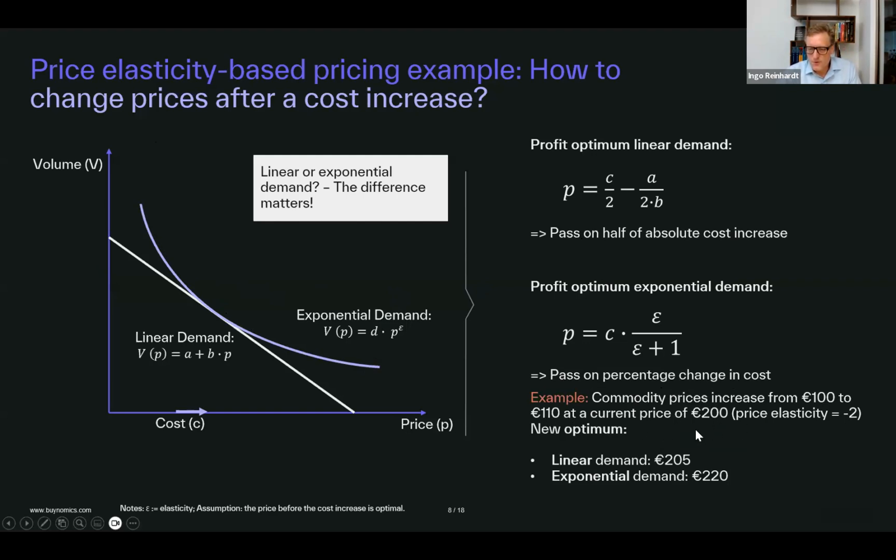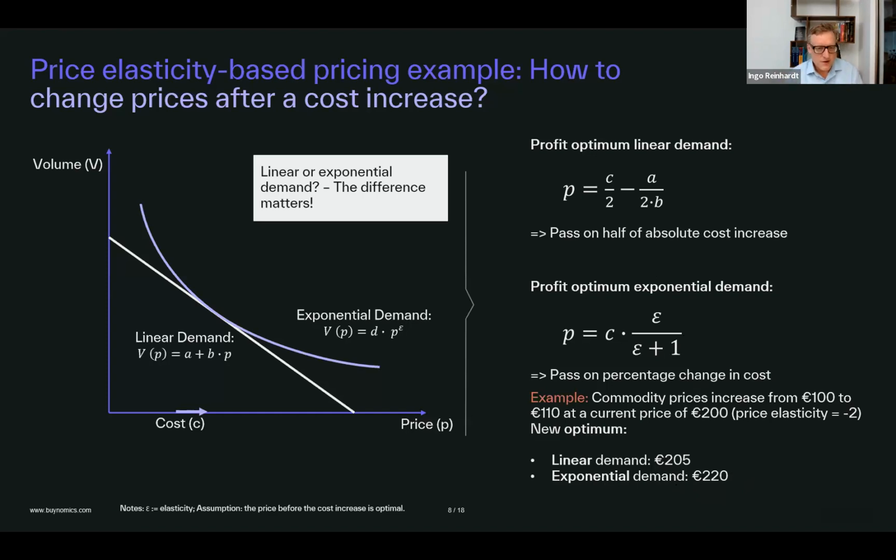The old profit optimal price was 200 at a price elasticity of -2. That means under linear demand, we should pass on half of the absolute change, so that would lead to an optimal price of 205, and in exponential demand, it would lead to a profit optimum price of 220. So quite different.